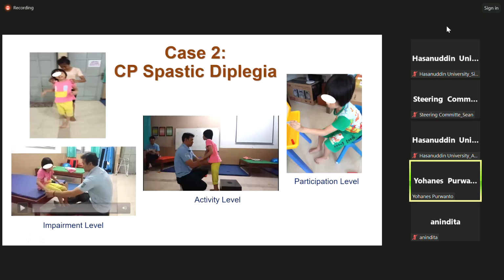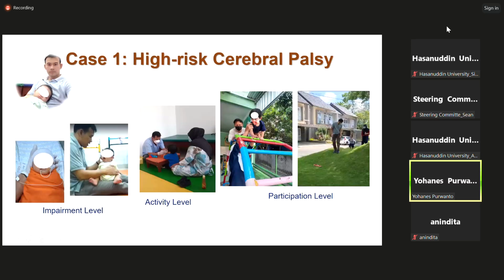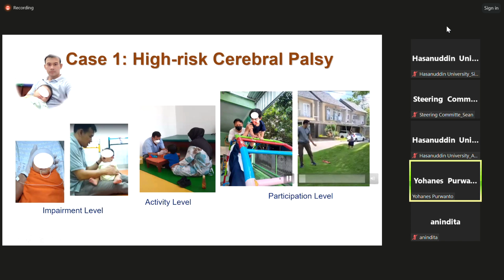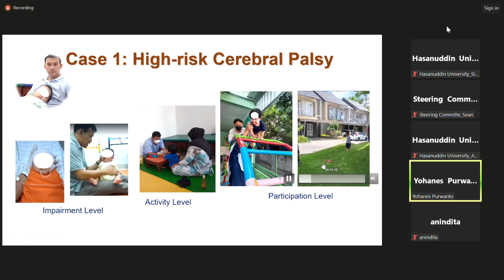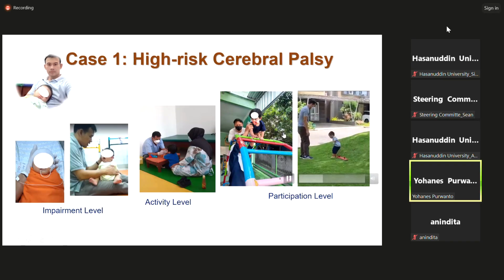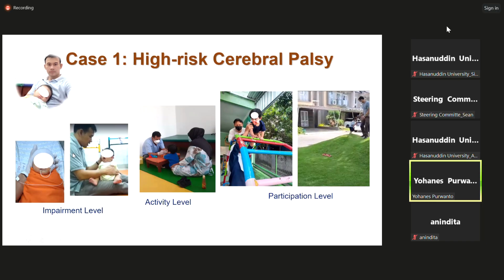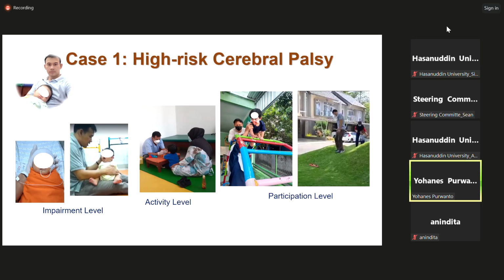We started with visual training, increased neck control, and then sitting posture exercise. And finally, now he is able to walk independently. He can jump around his house. I think this is a very good outcome because of the early diagnosis and early intervention starting from the first month.